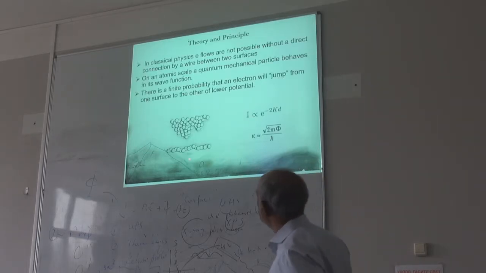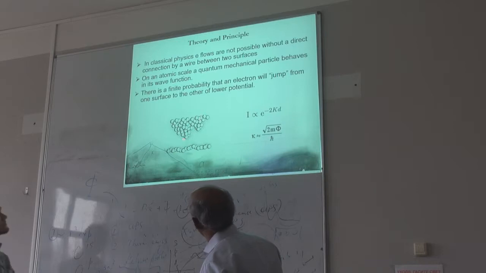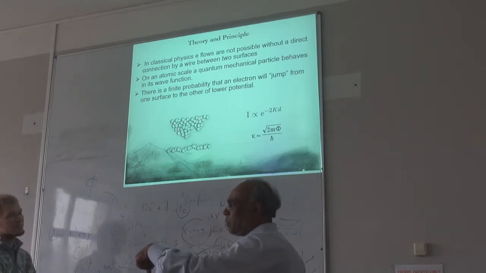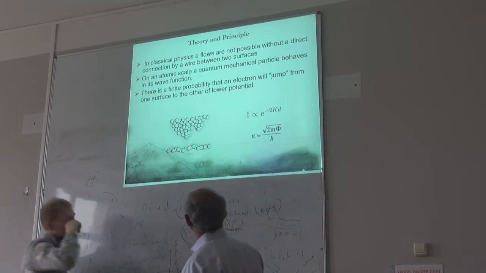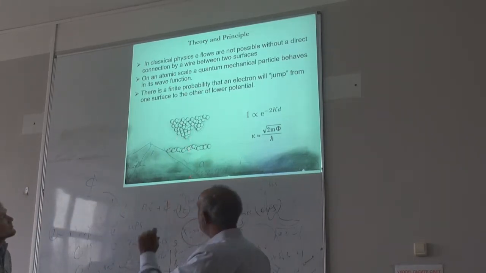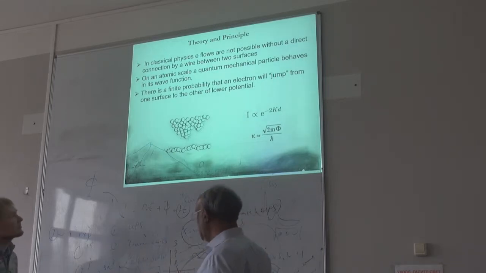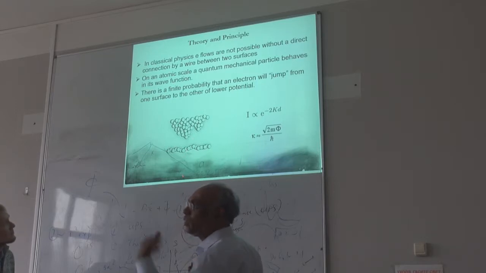You can see this tunneling happens on the atomic scale. This is your sample, this is your tip. The tip is very sharp, down to one atom. But you have these electrons, and the electron densities overlap. That's why electrons can easily tunnel from tip to the sample or sample to the tip, so you get the tunneling current.